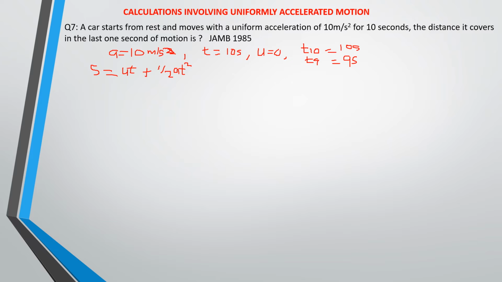Okay, so this equation you are going to write like this: S equals ut plus half a, bracket t10 squared minus time of 9 seconds squared.